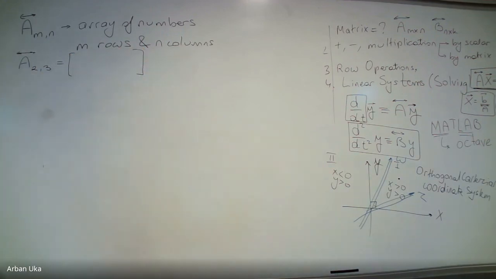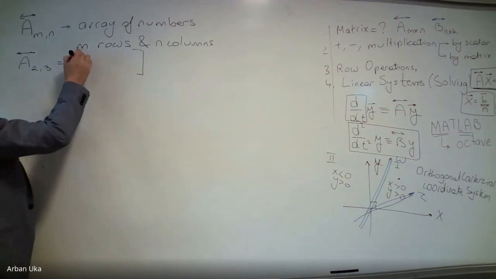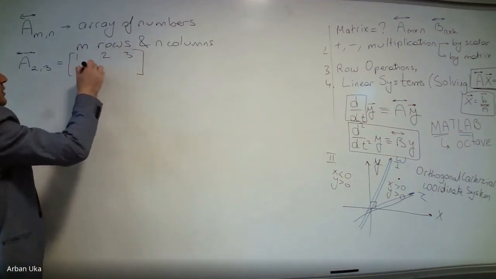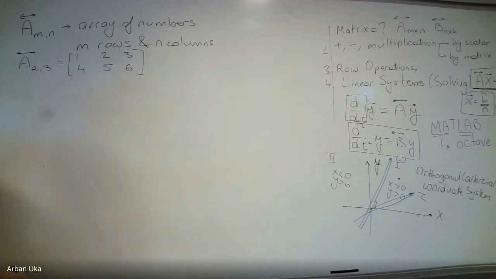The first row is 1, 2, 3 and the second is 4, 5, 6. So this is the first matrix that you see over there on the slide. I could have shared my monitor, but you are here, so you can see this.